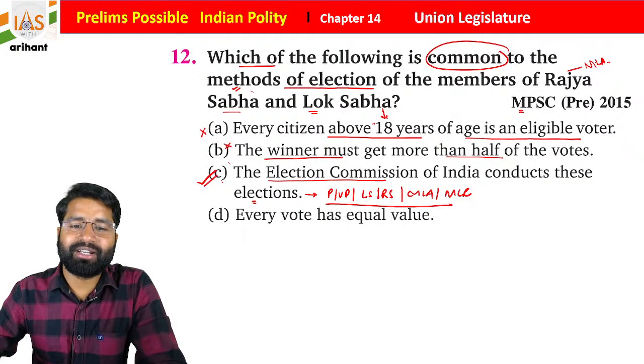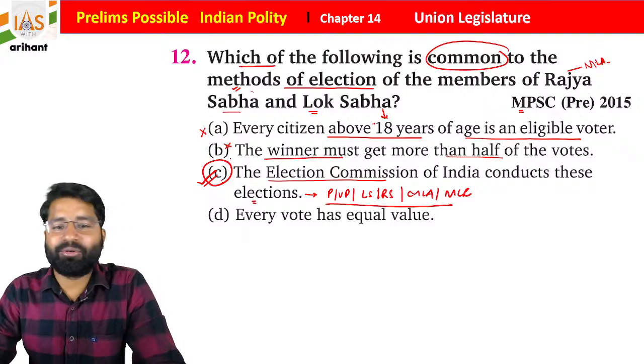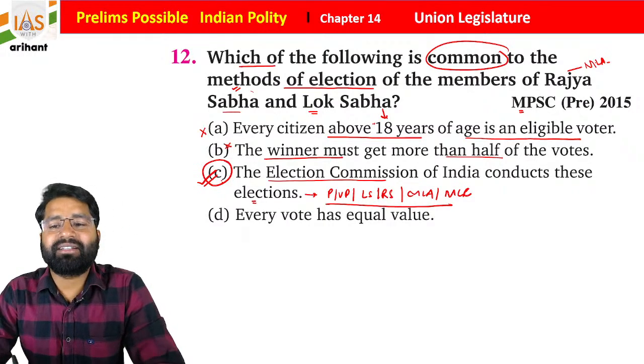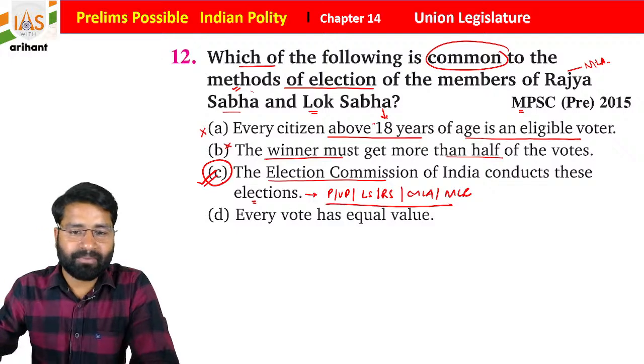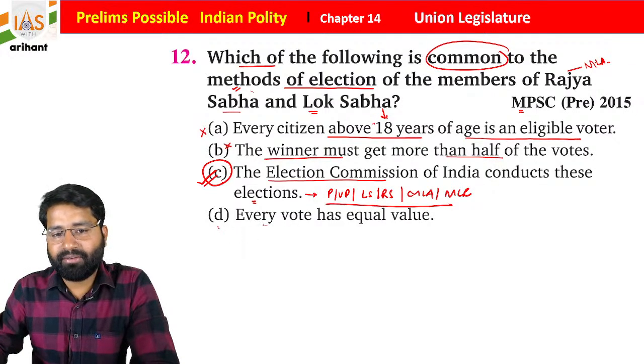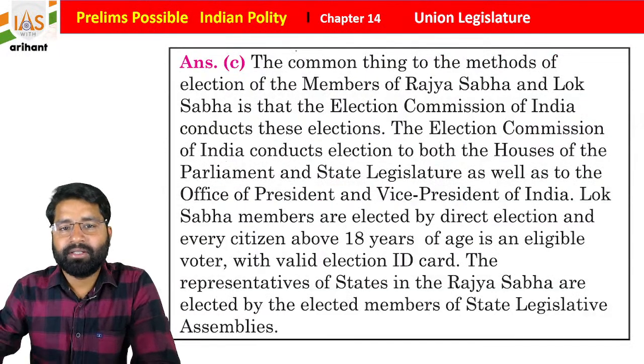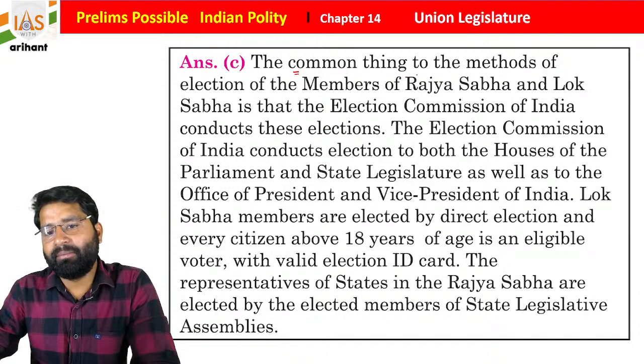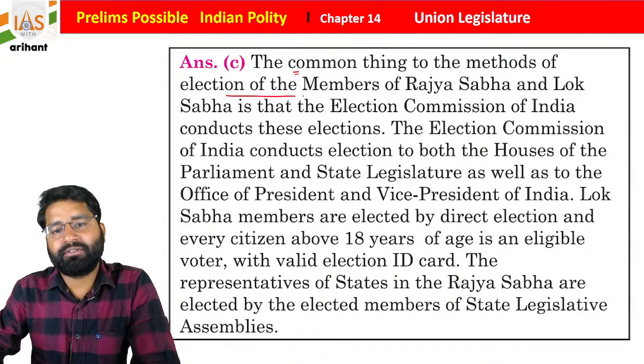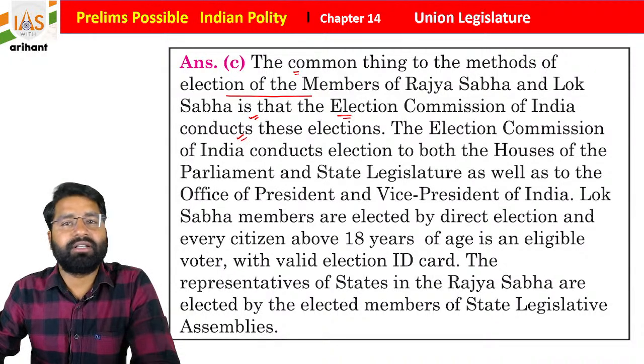So if you go with the right answer, the more appropriate one is that the Election Commission of India conducts these elections. Now if you see statement D, every vote has equal value. So this is also not going to be correct. So option C is the more appropriate answer. The common thing in the method of election of members of Rajya Sabha and Lok Sabha is that the Election Commission of India conducts these elections.